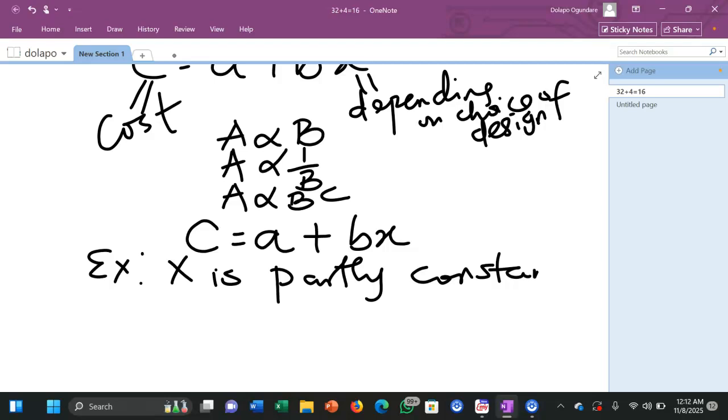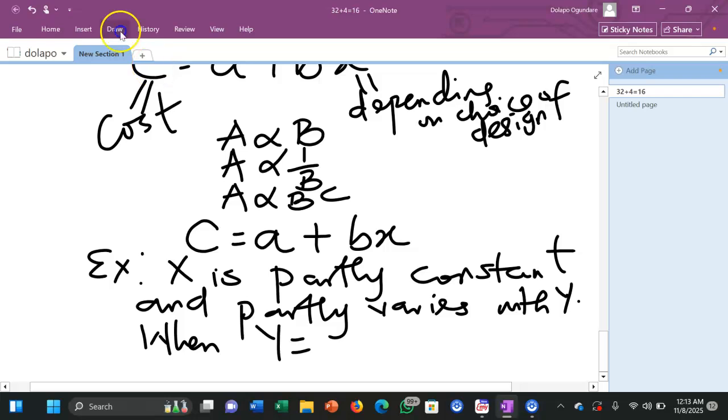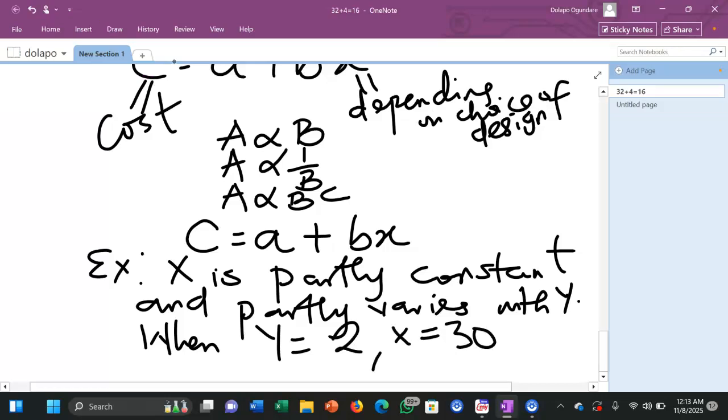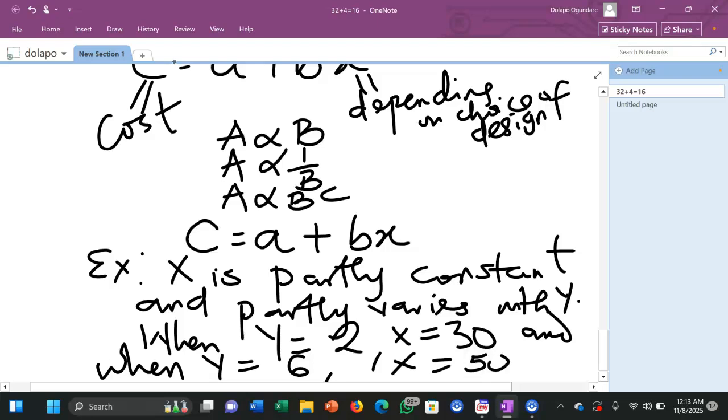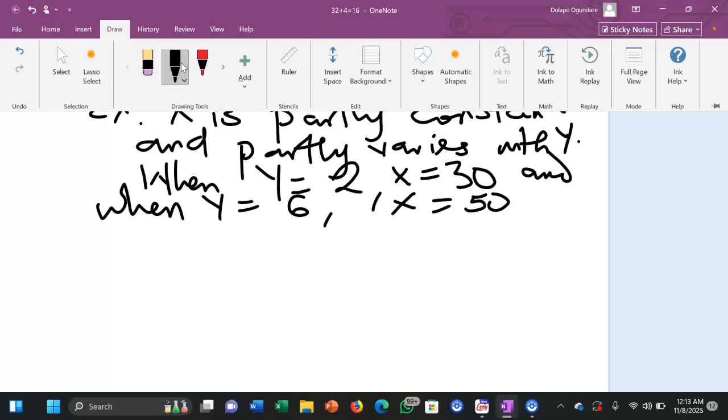X is partly constant and partly varies with Y. When Y equals 2, X is 30, and when Y equals 6, X is 50. Now let's answer the question that follows.